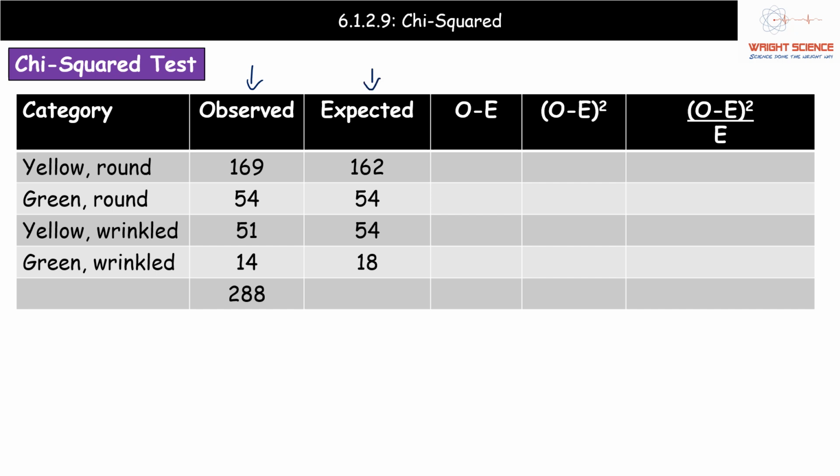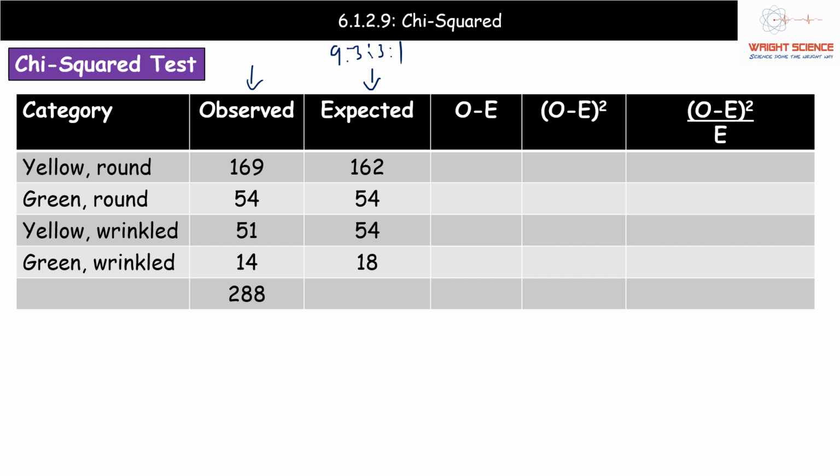We then have our expected column, and this comes from that biological theory. Now, as we've seen earlier in this topic, we do have those very clear ratios for different scenarios. So in this case, we've got a dihybrid inheritance, which means that we're looking at the 9:3:3:1 ratio. And from that, we can then work out the expected values. Because if we've got 288 pea plants, then obviously this adds up.